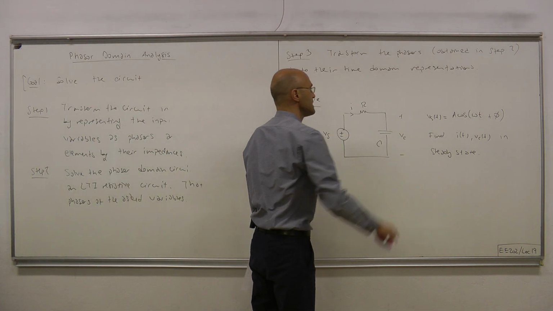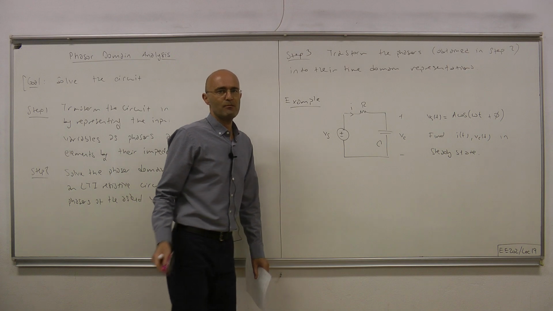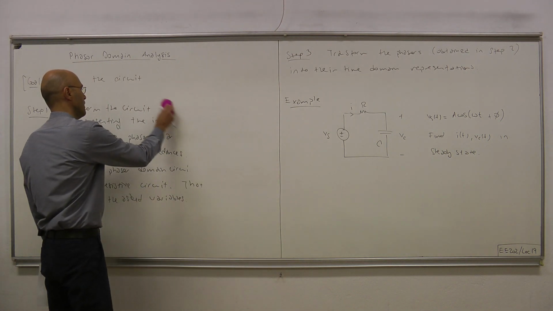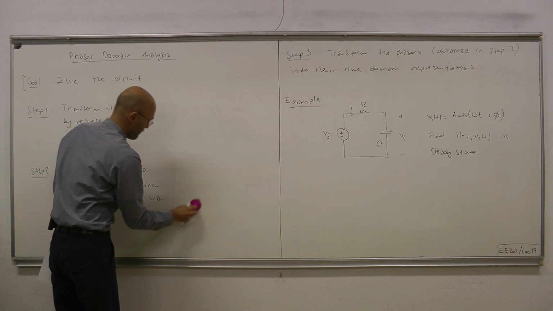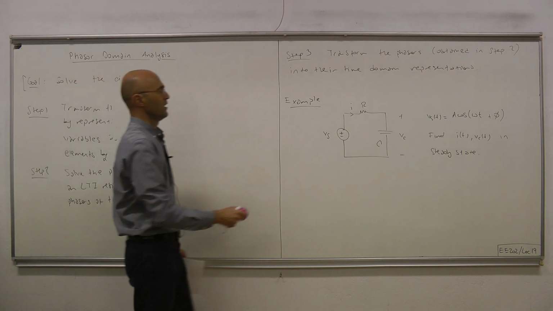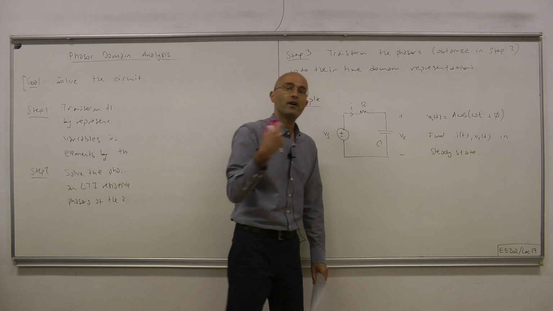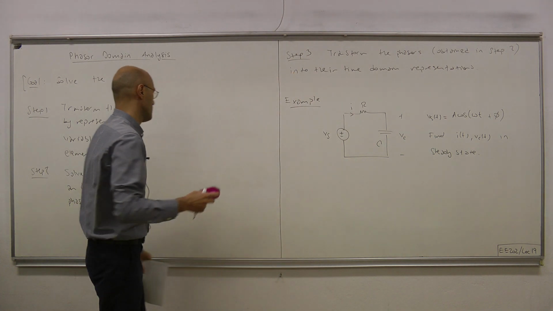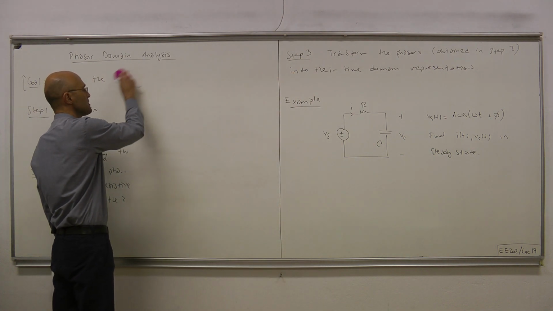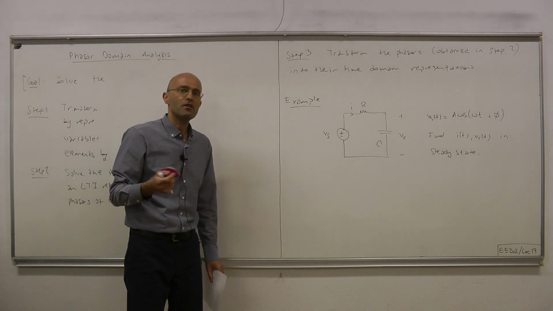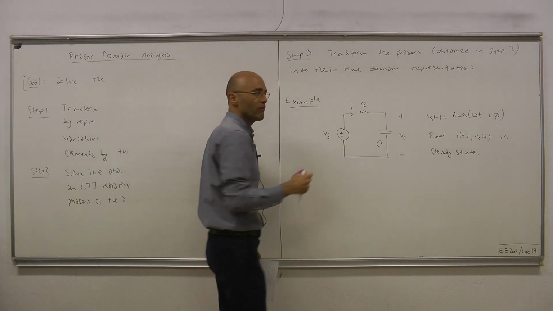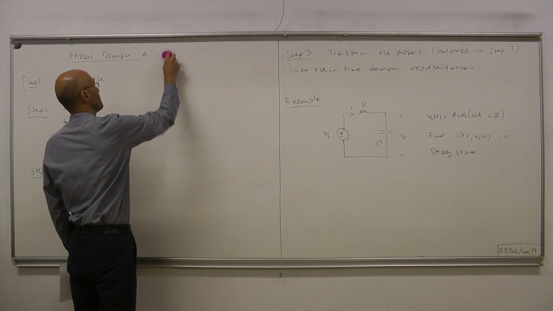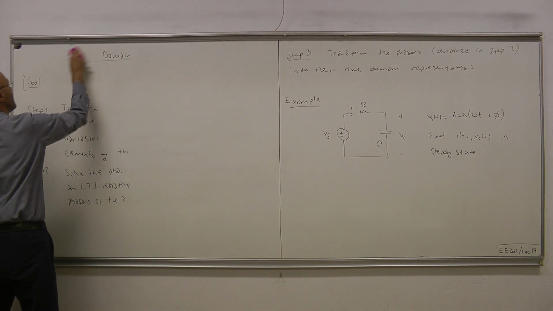Lowercase letters indicate the time domain signals in general, and their capitalized versions indicate their phasors. These are functions of time, whereas their phasors are constants. So in a sense, in the phasor domain, we're solving a DC circuit, a DC and LTI resistive circuit.